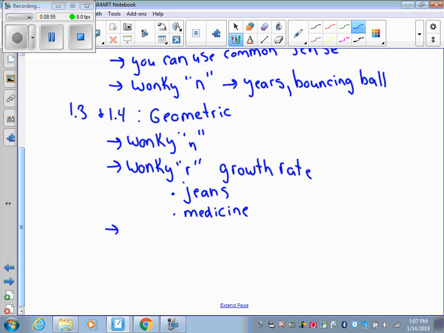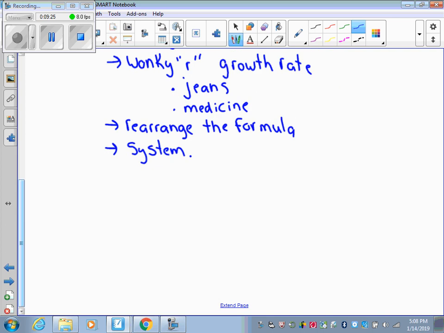You also may need to rearrange the formula to solve for different parts, or use a system to solve. Those all could be questions on the test. Then 1.5, which we just talked a little bit about, was infinite geometric.